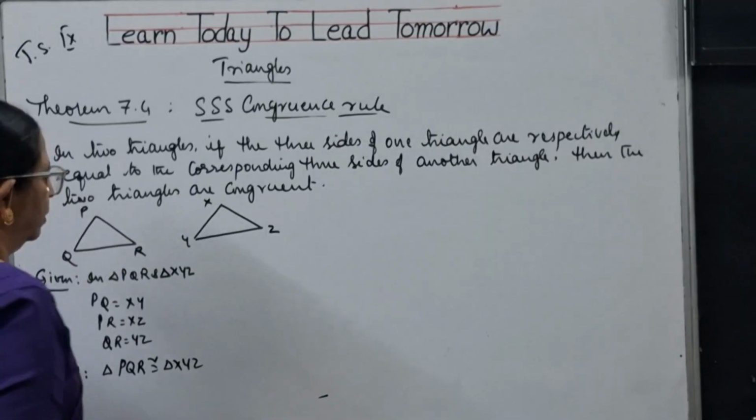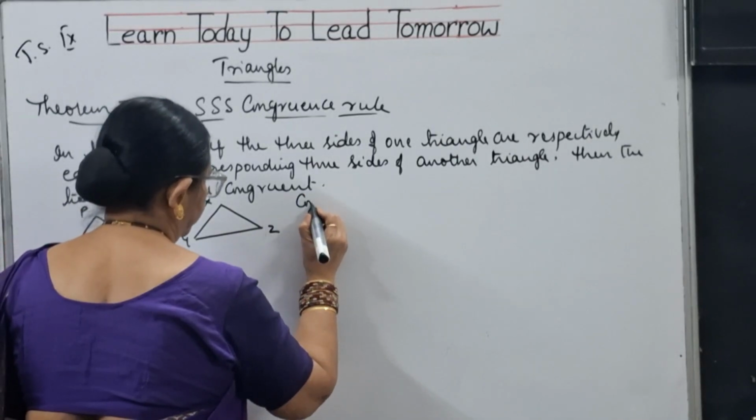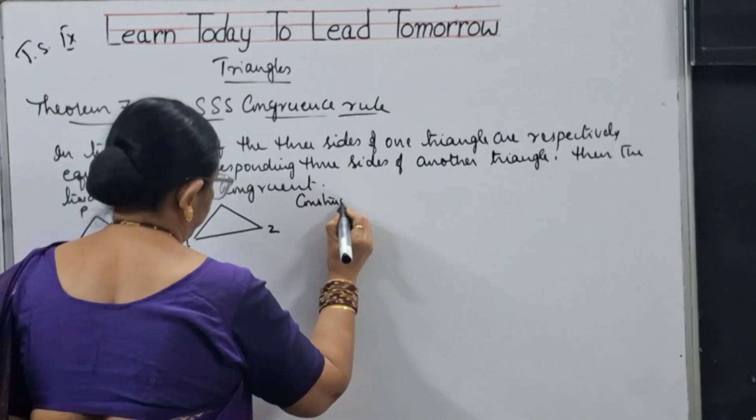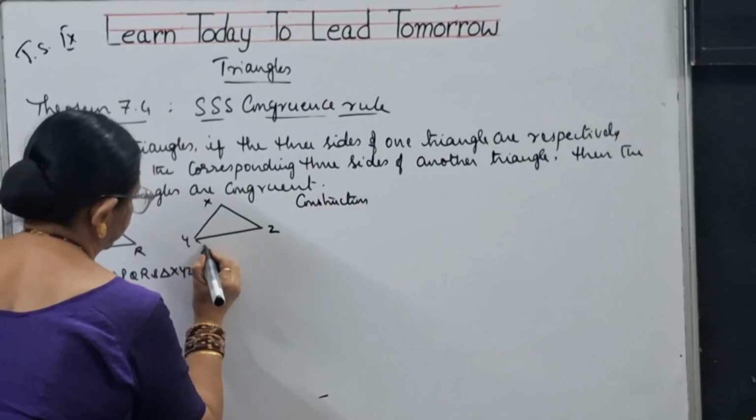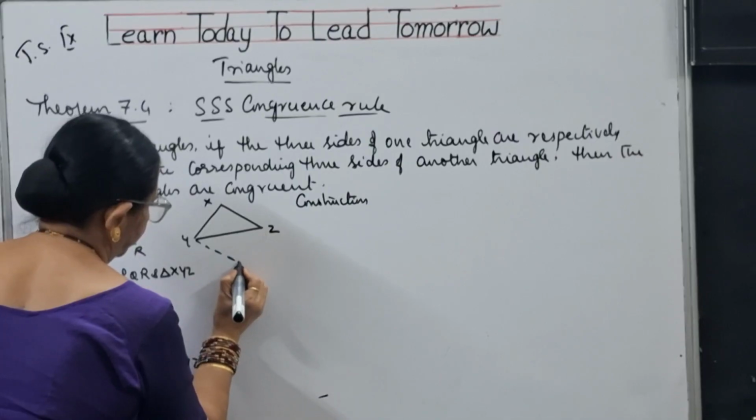Now here you have got a construction. What is construction? You have to construct a triangle.